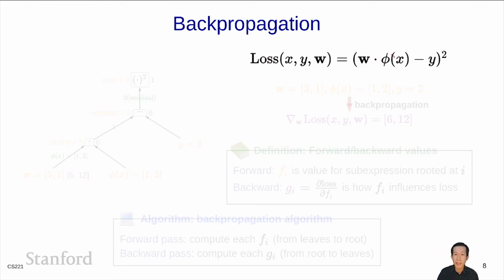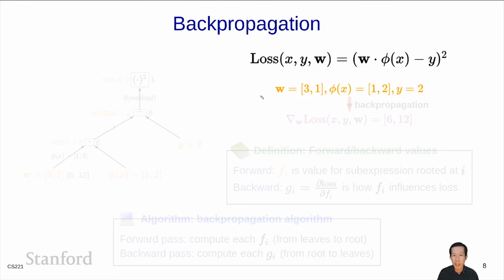And one note is that previously we've worked with symbolic expressions, but the actual algorithm is going to operate on numbers usually. So what I'm going to do is work with a concrete example and walk through the backpropagation algorithm with this example.